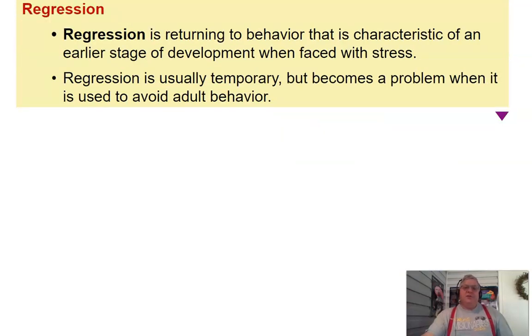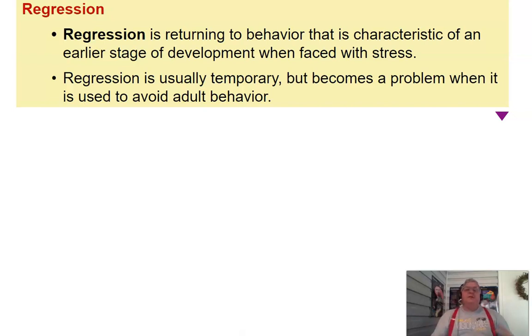Regression is returning to behavior that's characteristic of an earlier stage of development when faced with stress. Regression is usually temporary, but becomes a problem when it's used to avoid adult behavior. The best example I can think of is if you've ever had a really bad breakup with a significant other, or something really terrible has happened, and you curled up into a ball on your bed and cried.